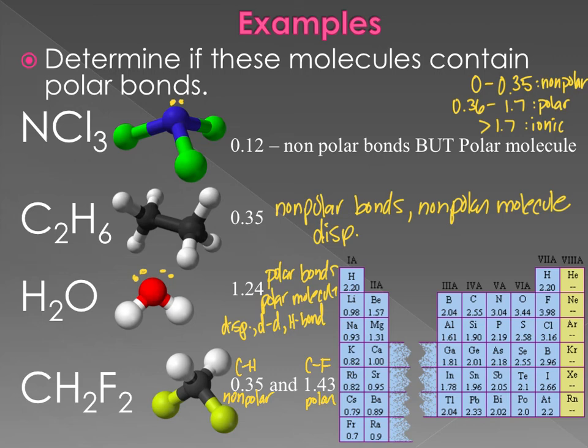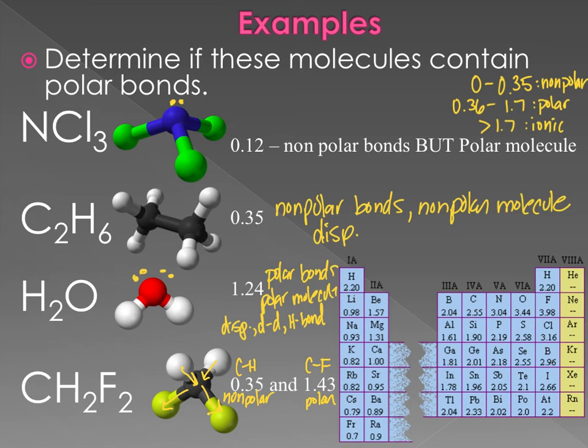And because the electronegative poles are not the same all the way around, carbon is going to pull those shared pair electrons closer to itself, and the fluorine will also pull those closer to itself.